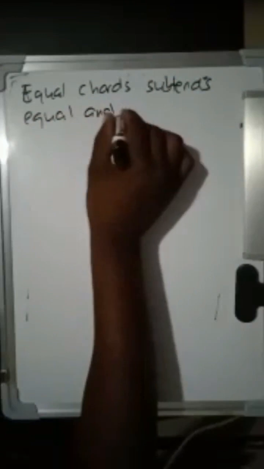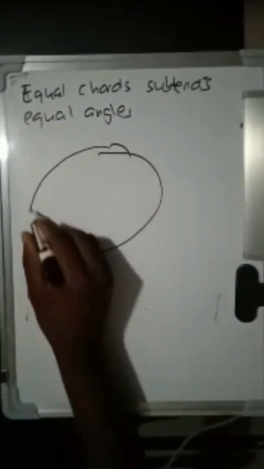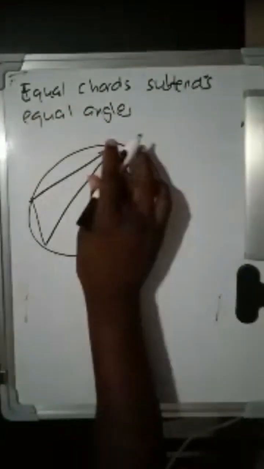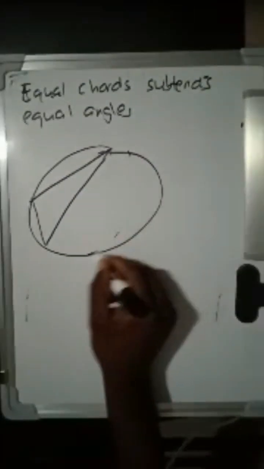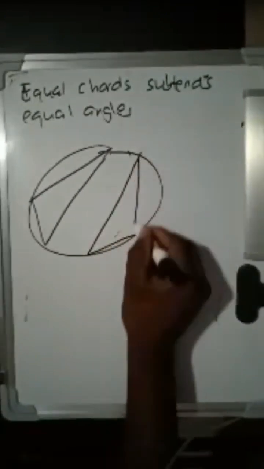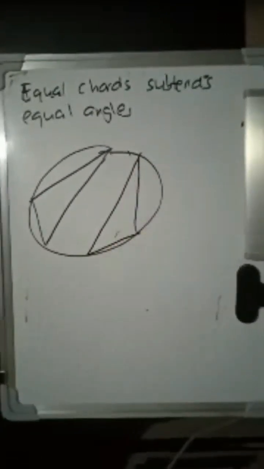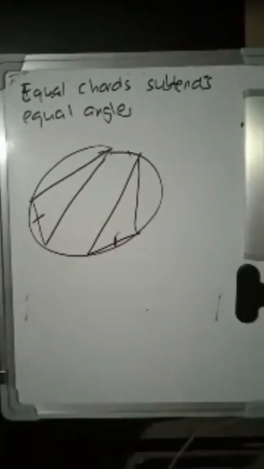Okay, what do we mean by that? We have a circle like that, then we have a chord which is subtending angles on the circumference. Then we have another chord here that is subtending another angle at the circumference. If I'm told that this chord and this chord are equal, what does it mean?